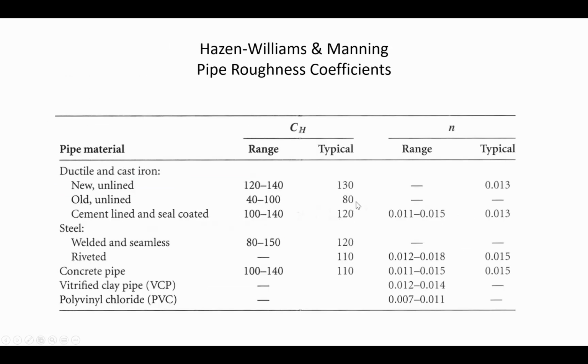Now here is a table taken from the text that has a roughness coefficient for corrugated pipe. It depends on what the material is. Like there's a plastic corrugated pipe where the corrugations are on the outside, but it's a smooth lining on the inside. And so for that plastic corrugated pipe, it would have just a typical n value of 0.013.